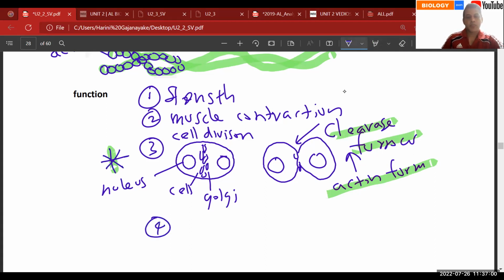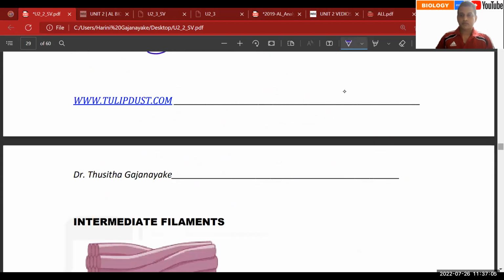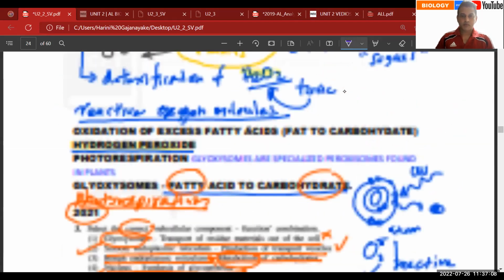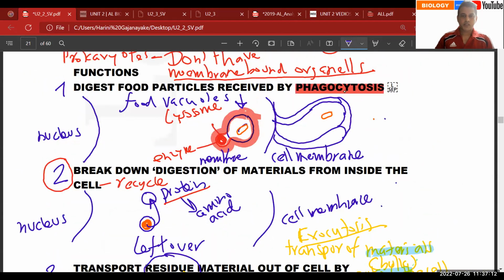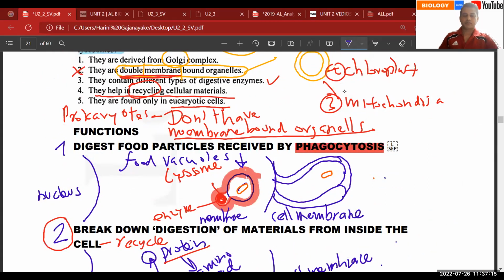The 4th one, can you remember, one of the functions of the lysosome is phagocytosis, helping in phagocytosis. Now I said the cytoplasm makes some extension. I did not use any name for that extension.